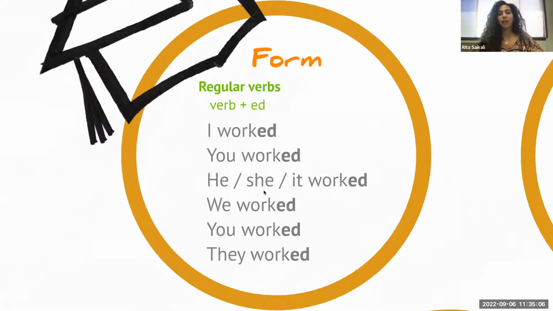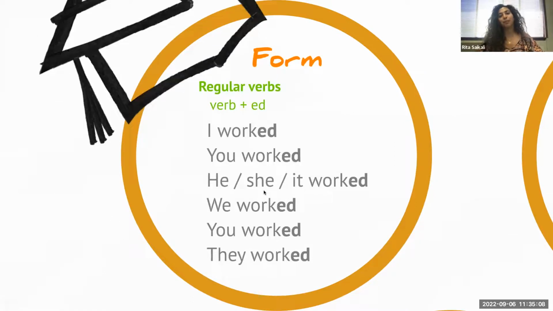So with simple past, and you guys have seen this before, we add ed at the end of the verb. So I worked, you worked, he, she, it worked, we worked, you worked, they worked.